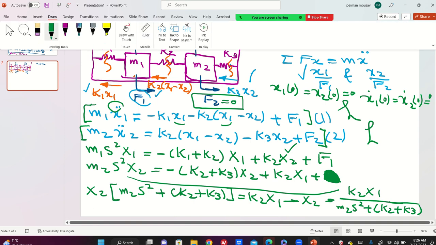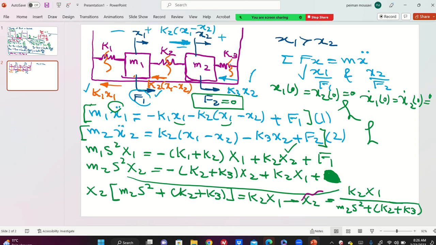Now what I'm going to do, I'm going to implement this inside here. Let us do that.